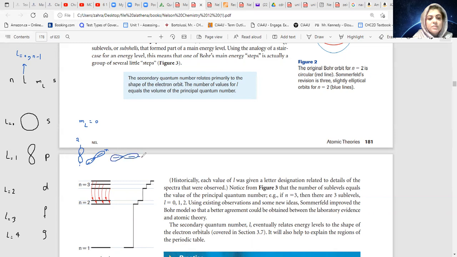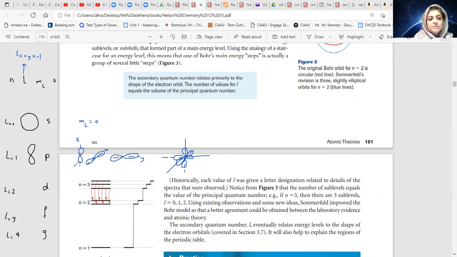Looking at 3D space, the dumbbell could be in the z direction, or in the y direction, or in the x direction. So it's 3D.